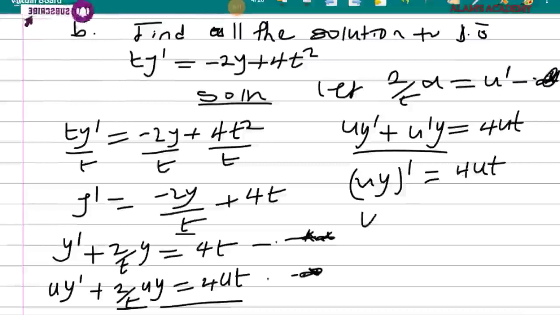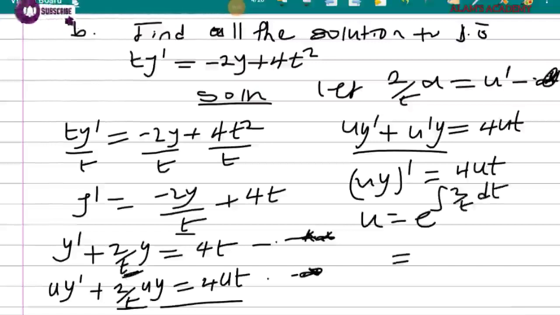Now let's find u. u is equal to e to the integral of the coefficient of y here, which is 2 over t dt, and this can be equal to e exponent 2 times the integral of 1 over t dt. So the integral of 1 over t is ln t.